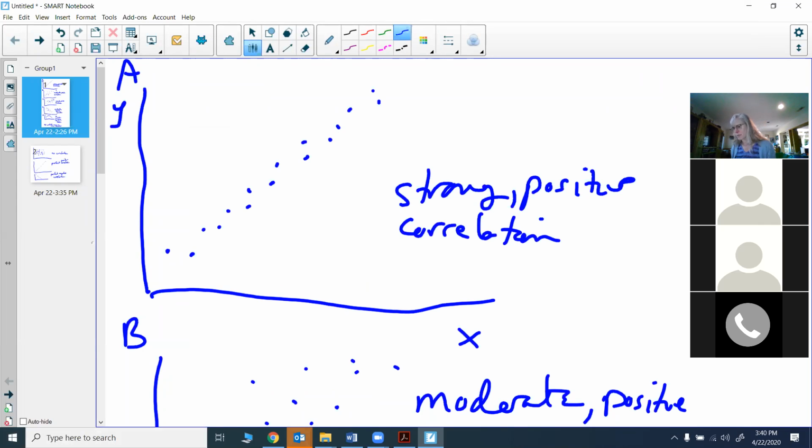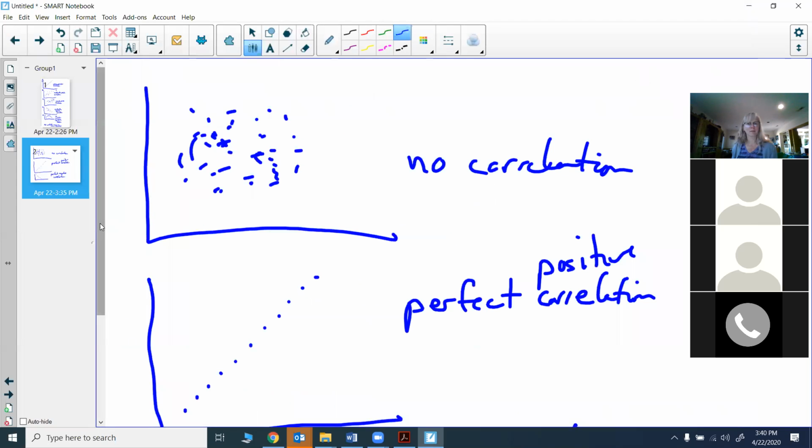Again, r can be a number between -1 and 1. And I'm going to start with the perfects, and with this no correlation. No correlation would have an r approximately equal to 0. I'm saying approximately because it may not be perfect, but it's going to be really close to 0.